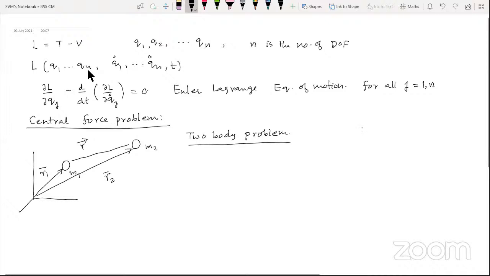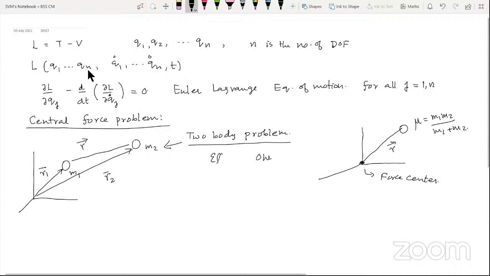When I reduce this, I have what is called a force center, a geometric point which I can consider as the origin of my coordinate system, and then a single body at a position vector which is the same as the relative vector here, with a reduced mass equal to m1 m2 divided by m1 plus m2. So a two-body problem can always be reduced to an effective one-body problem.